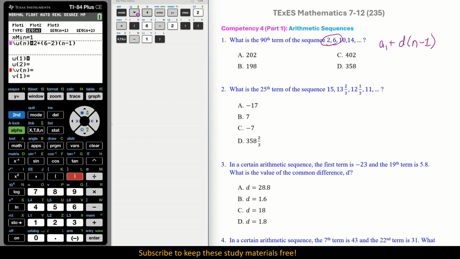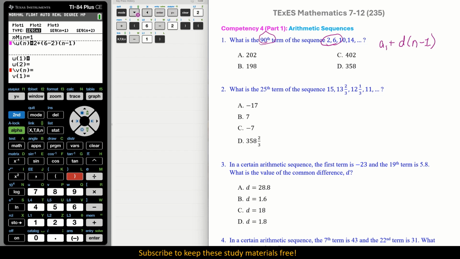Now, the reason I would use this particular form is to alleviate mistakes, okay? Now, before I push anything else, I'm going to go straight to the 90th x before I look at my table or my graph.